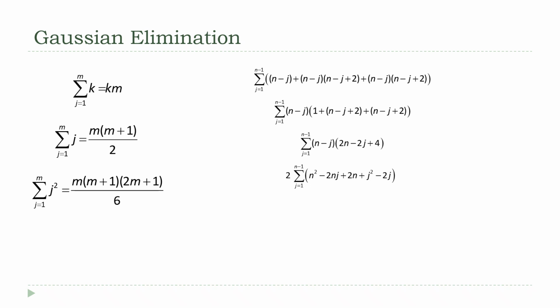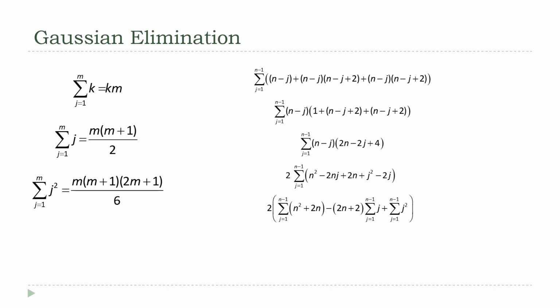So I'm going to rearrange this into three parts. The parts that don't have a j, that's the n squared and the 2n. The parts that just have a j to the first power, that's the minus 2n plus 2 times the sum of the j's. And finally, the j squared part, which is just over there by itself.